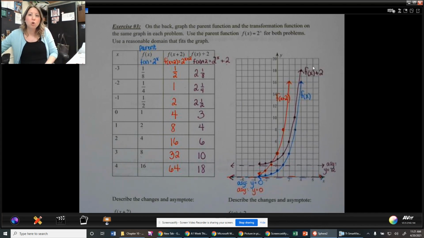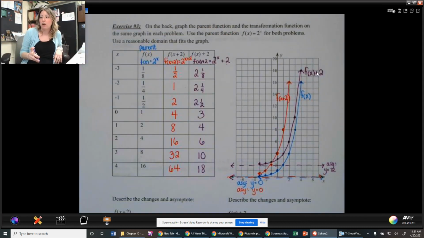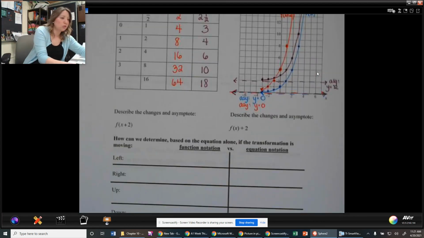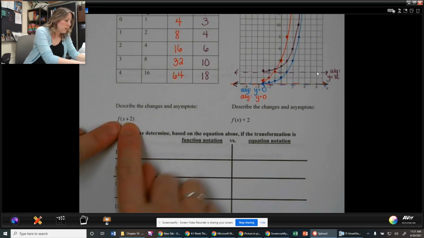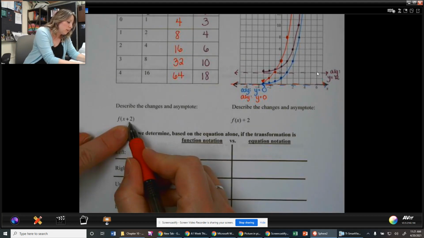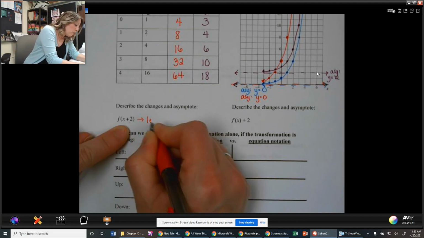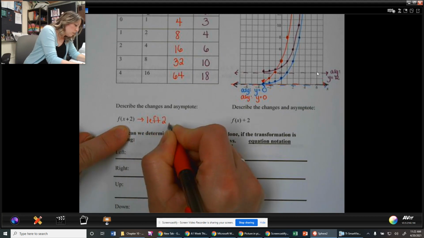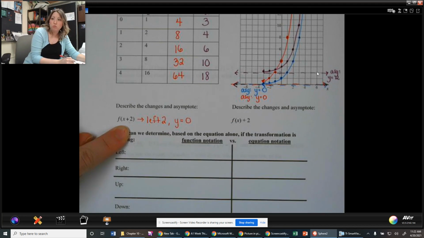All right, so right here, we were adding 2 to the outside, so that's what I labeled the purple function right there as. Okay, so now below, let's describe the changes that occurred. Right here, when we added 2 inside the parentheses, that was our red one, the changes in asymptote, we moved left, y equals 0 was still my asymptote.